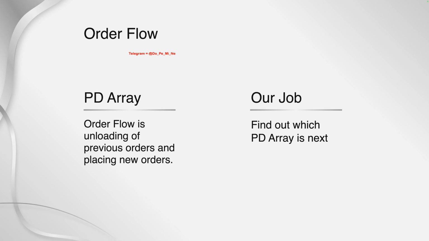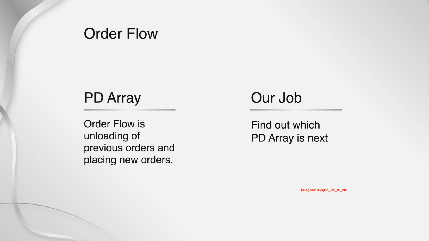So the flow of orders in the market: do we have more bullish orders or do we have more bearish orders? If we have more bullish orders, that leads to a bullish trend. If we have more bearish orders, that leads to a bearish trend overall. Now, what is our job in the order flow understanding? We need to find out which PD array is next.